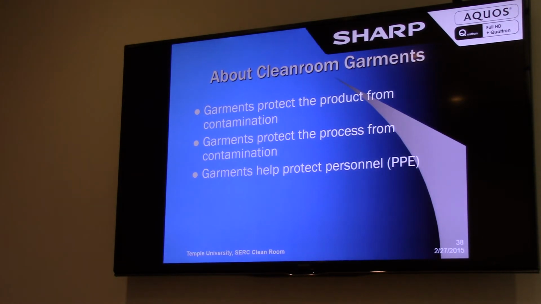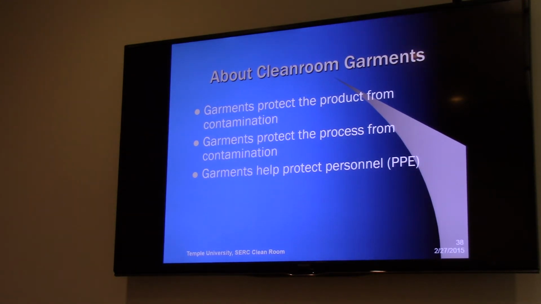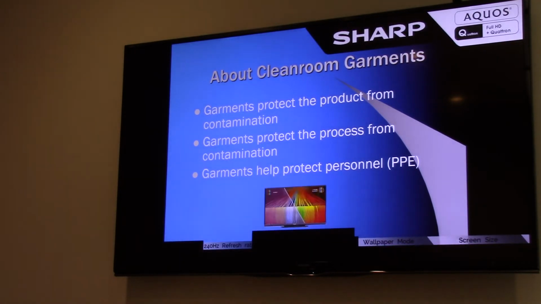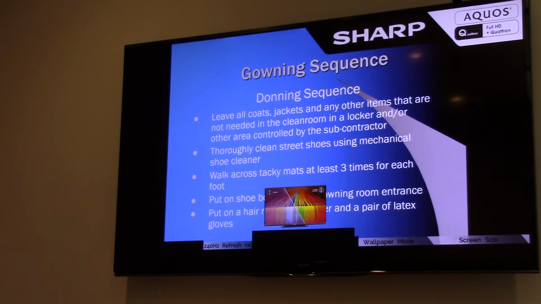It talks about the clean room garments, which we'll get into, which you typically would have shoe covers, in some cases hair net, beard covers, lab coat, depending on the level the university is expecting to maintain the space. We'll get into the gowning sequence.